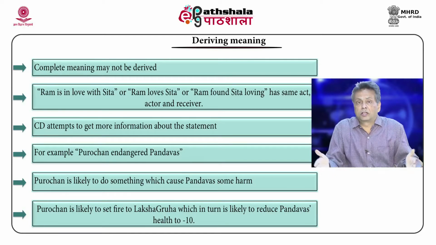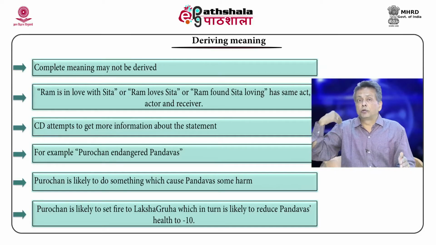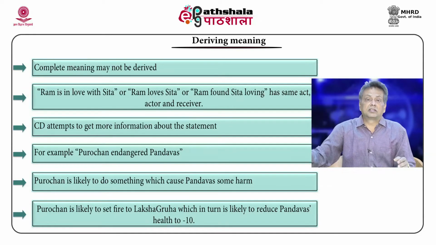What Purochan is trying to do, you cannot determine from this particular statement, but if you can relate this statement with previous statements, you will learn that Purochan is going to burn that Laksha Gruha.